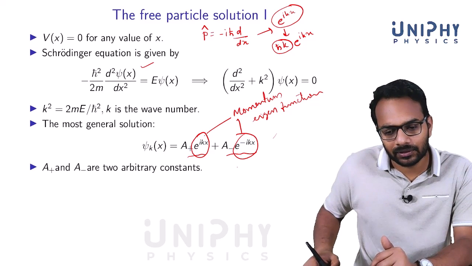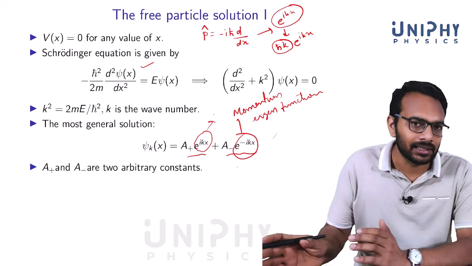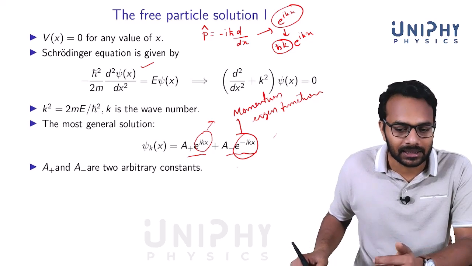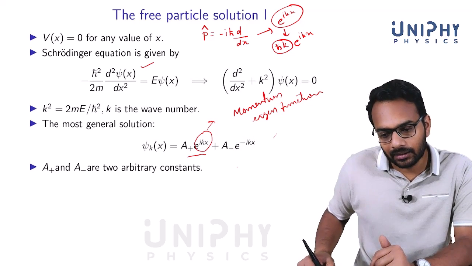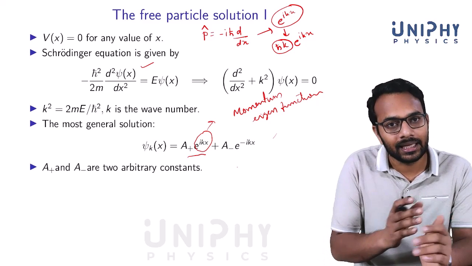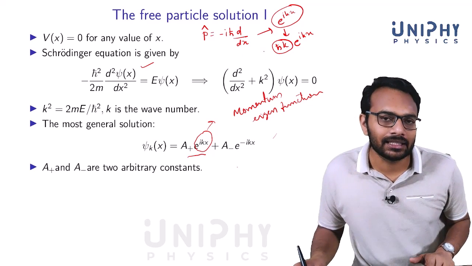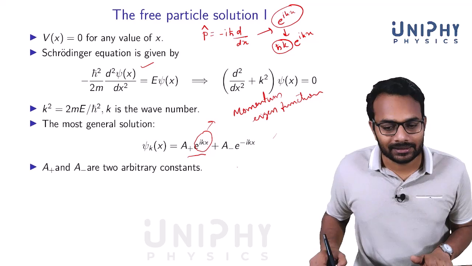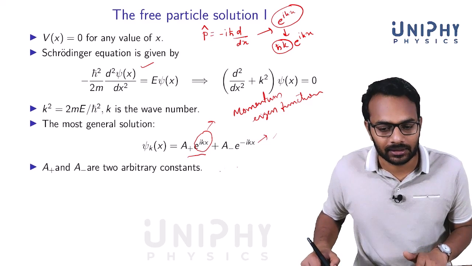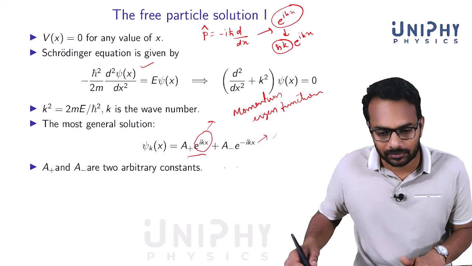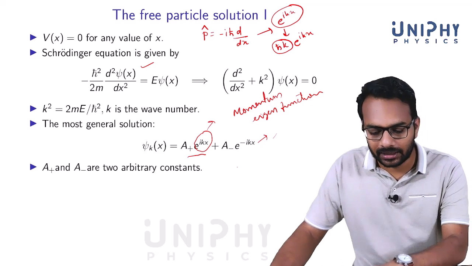So e raised to ikx represents a wave traveling in the positive x direction. Similarly, e raised to minus ikx represents a wave which travels along the negative x direction. You can see that from the momentum: in this case it's plus h cross k, and in this case it's minus h cross k. I want you to try it. Of course, A and B are constants.